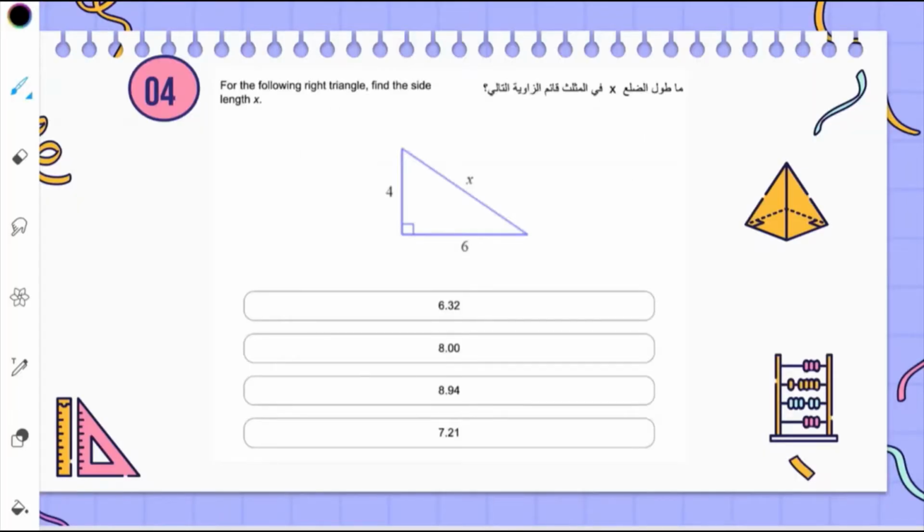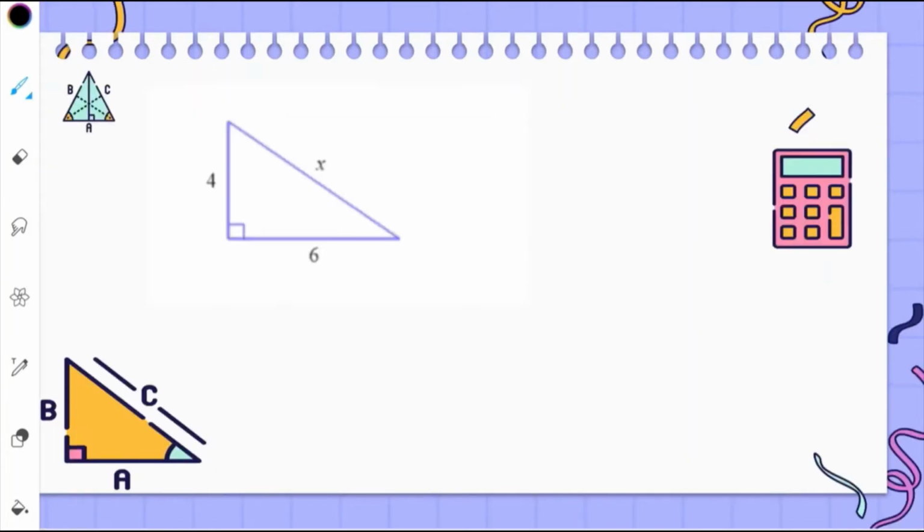For the following right triangle, find the side length x. So we're going to use the Pythagoras theorem to answer this question. First we're going to form an equation from Pythagoras theorem, which is a squared plus b squared is equal to c squared.